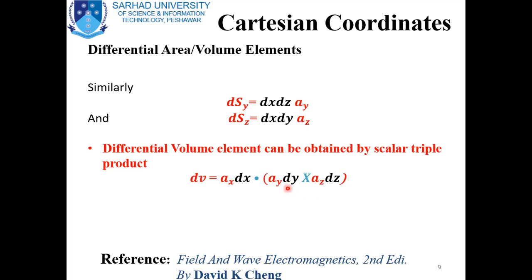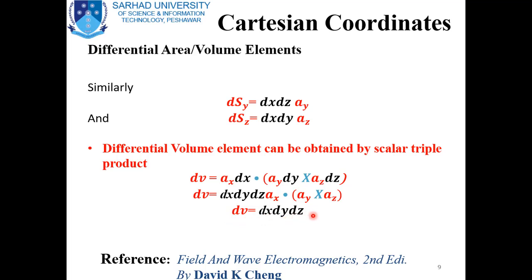So the ax, ay and az represent the base unit vectors in the Cartesian coordinates. So first we will perform the bracket operation, which is the cross operation, and this cross operation will apply on ay cross az, which will give us ax, and finally we will have ax dot ax, which equals 1, and the magnitude of volume is dx, dy and dz.